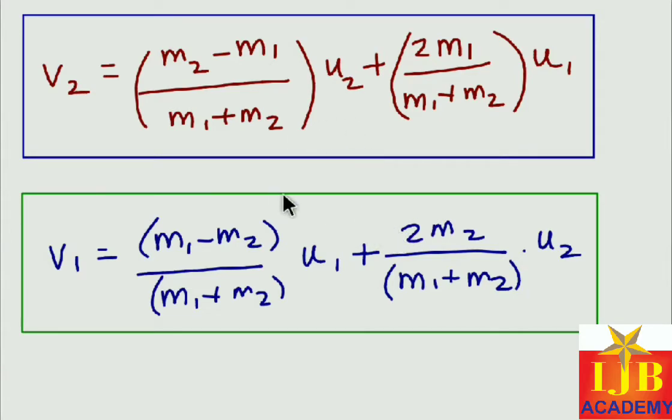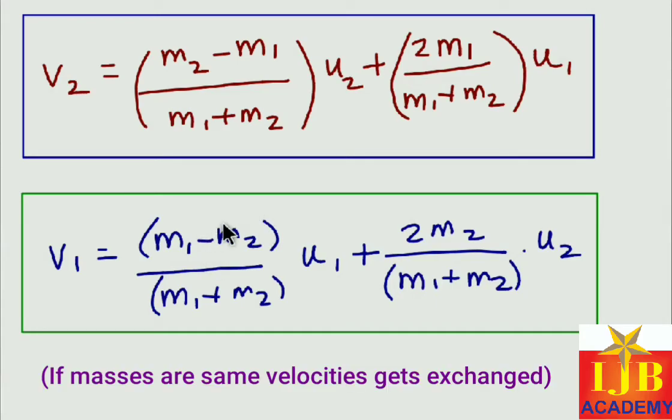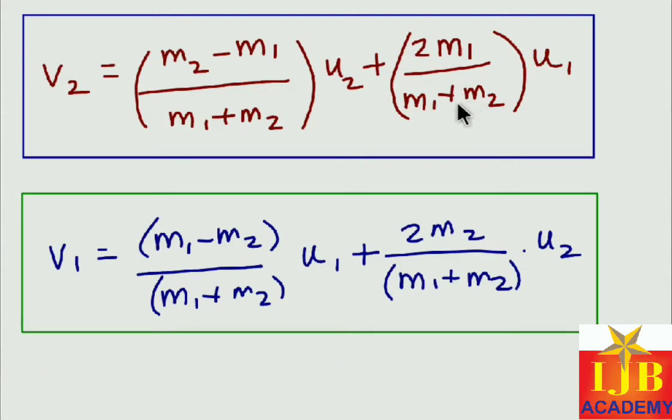I can give an example in elastic collision where they generally give both the masses the same. If both the masses are the same, this term goes off, because m2 minus m1 here and m1 minus m2 there, so the difference in mass will be 0. And in the other term, 2m1 by m plus m, which is 2m, gets cancelled. So the final velocity of the second ball will be equal to u1, the initial velocity of the first ball.